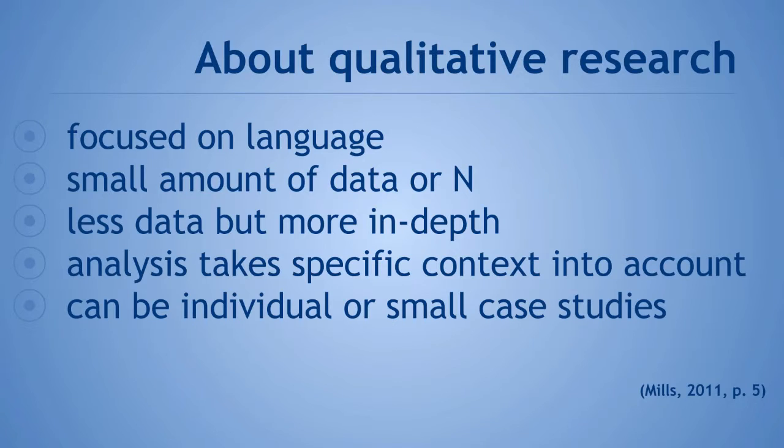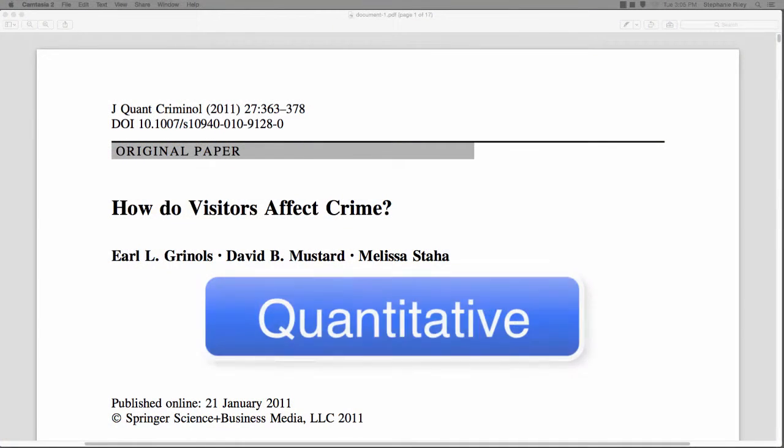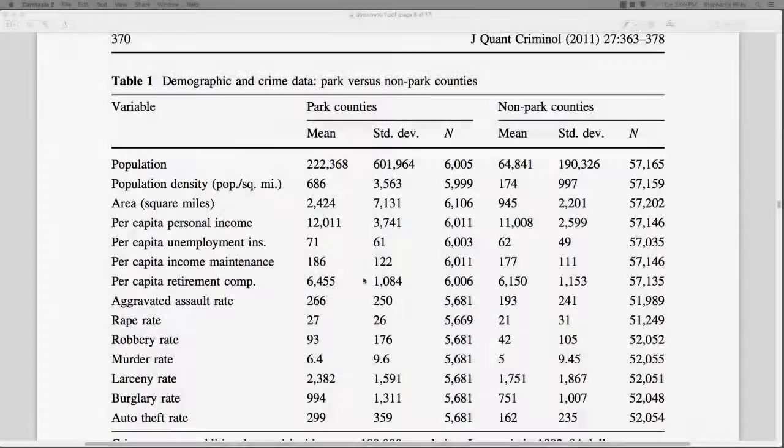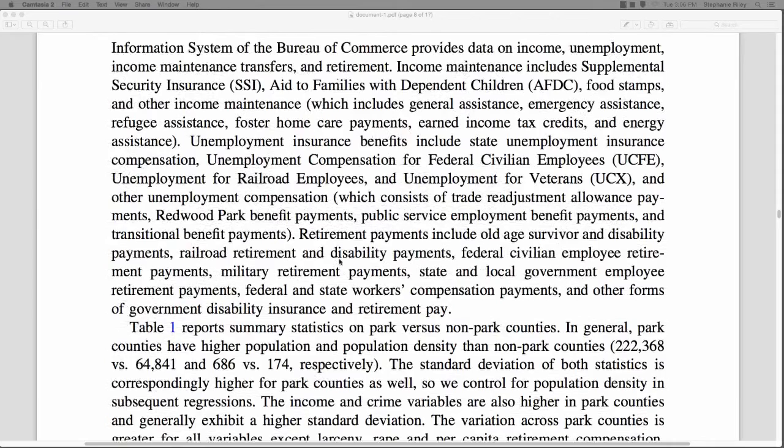Let's take a look at an example of a study that uses quantitative methods. This article analyzes visitor data to national parks and how that affects crime in the area. You can tell quantitative studies because they usually include detailed charts or tables dealing with large amounts of data. In this case, county population and crime data.